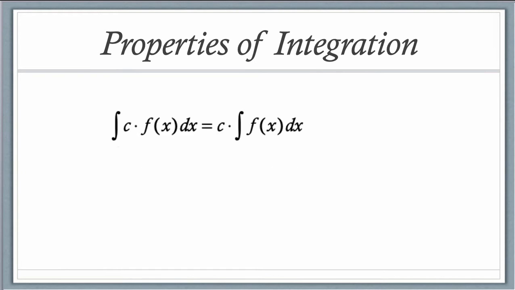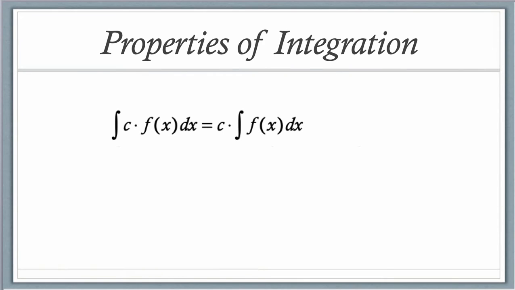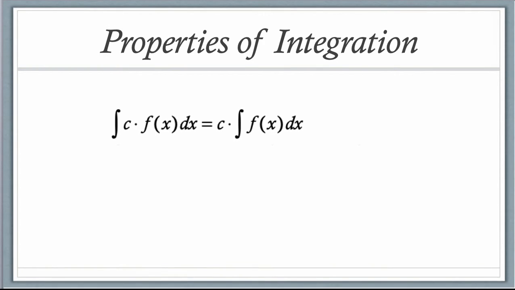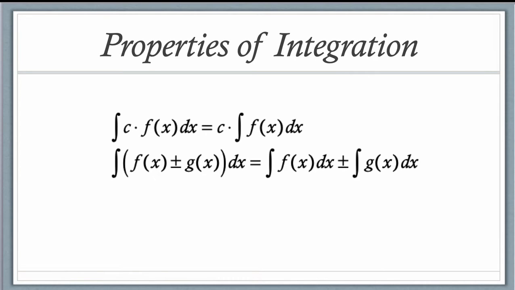Some properties of integration: if I have a constant, which represents any real number, times a function, I can take the constant out of the integral and integrate the function as normal with whatever rule I need. That's similar to the differentiation rule: if I have a constant times a derivative, that constant can be pulled out.